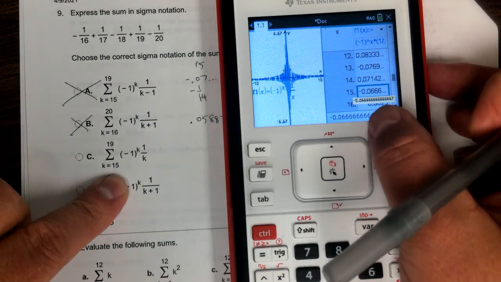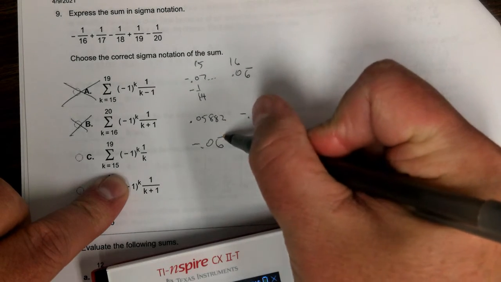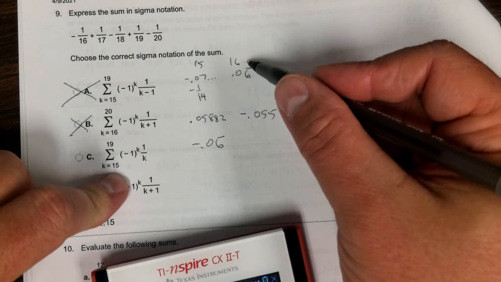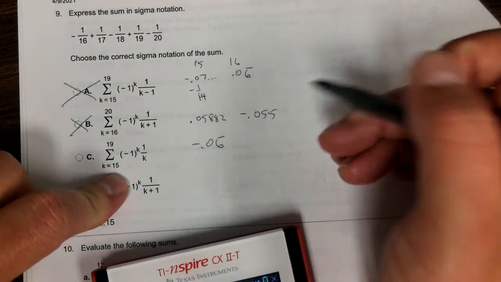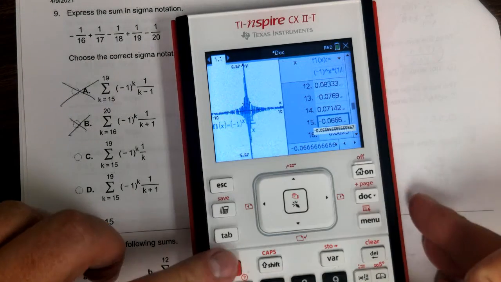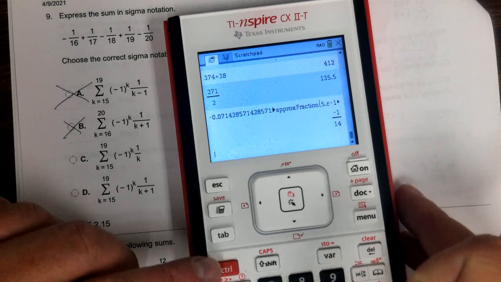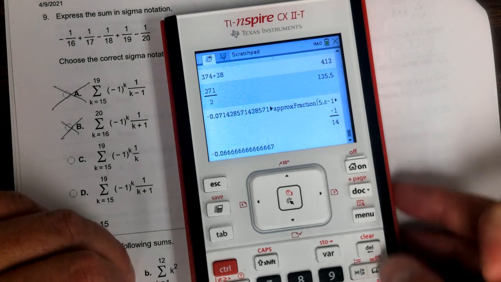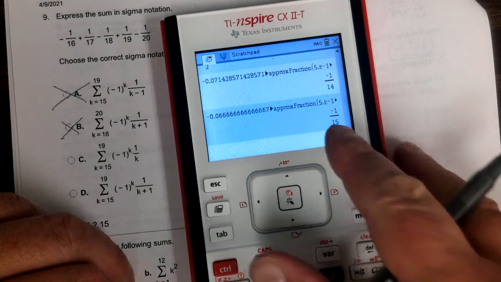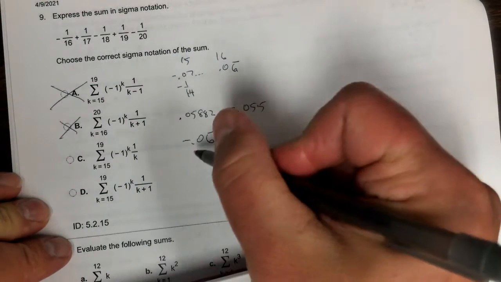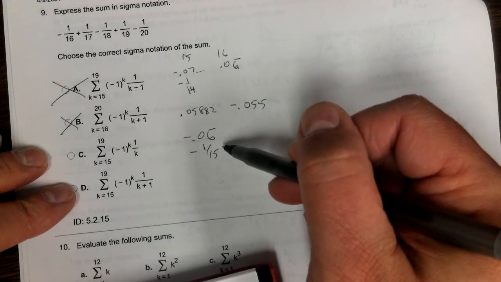So this one is negative 0.06 repeat. Well, the 0.06 repeat we said already was, well, let's see, what is it? Control C to copy it, and then Control V to paste it. Menu, number, fraction. That's negative 1/15. So that didn't quite make it.